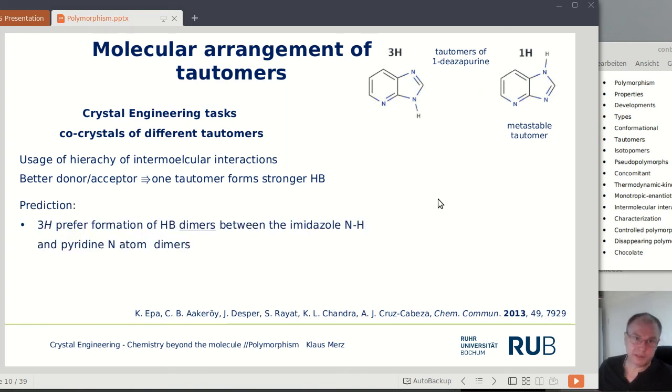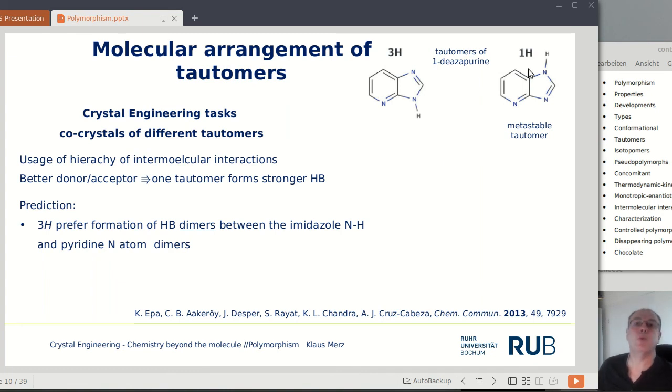From prediction, this is known, as I said, this is the thermodynamically stable, and the prediction said dimers are preferred. Hydrogen bond dimers are preferred in this case here, no? Between the imidazole NH and the pyridine N atom from the next one here. This was an interesting functional group for 3H.